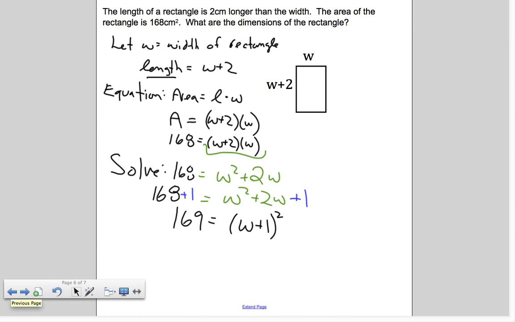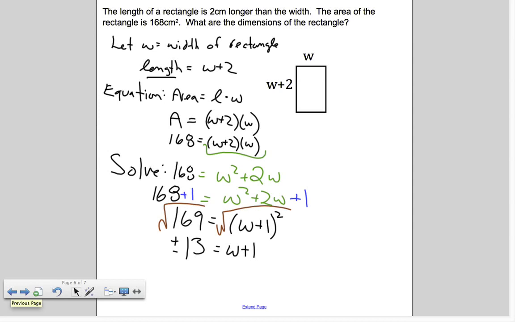Right? So we want to square root both sides. Square root of 169? Close, not quite 14, almost. 13. Thank you, right? 2 answers. Oh yeah, you got the plus and minus. Needs to be plus and minus.